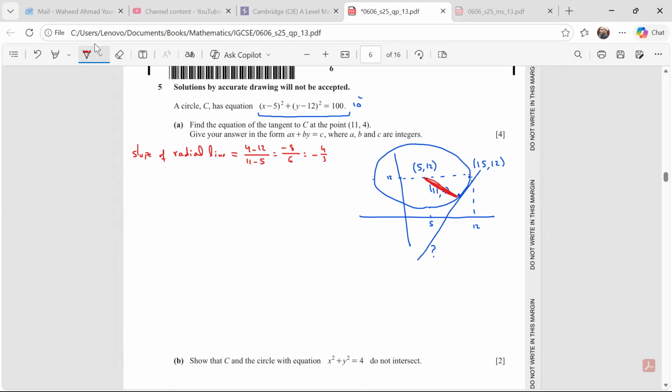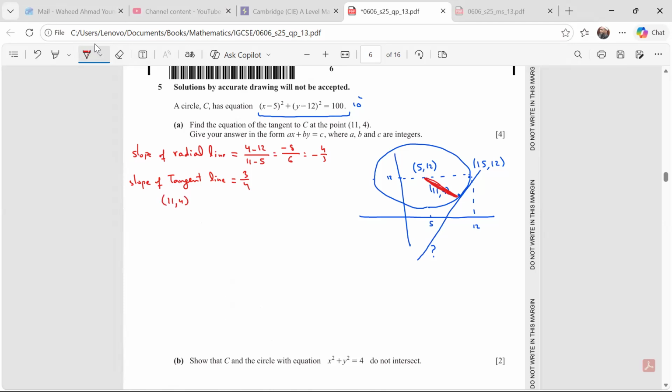Now the slope of this tangent line, which we need to find out, is going to be the negative reciprocal, so it's going to be 3 over 4. Make sense? This is the slope of the tangent line, and it is passing through the point 11, 4.